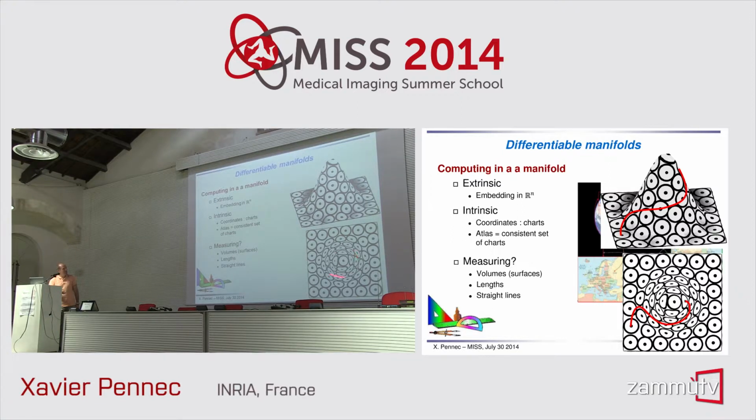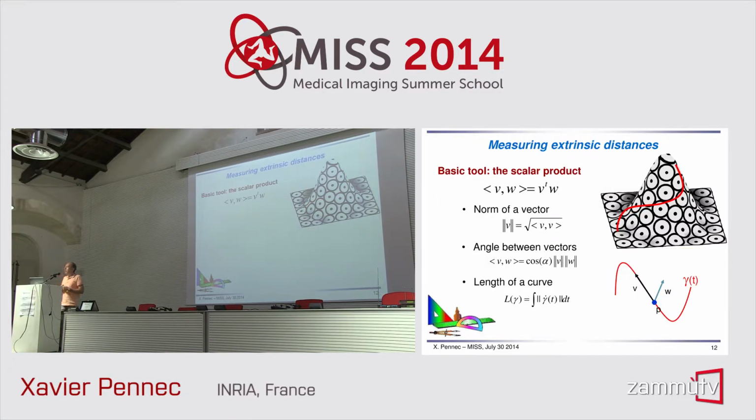So if I'm measuring volume in this chart with a Euclidean coordinate system, that will not be consistent with the embedding. Likewise, if I'm measuring the length of this curve here, it will not correspond to the length in the 3D embedding. So how to deal with that? How to design a way to do consistent measures which do not vary with the chart that you're taking? Well, the idea is to go back to the basics, and the basics is the scalar product.